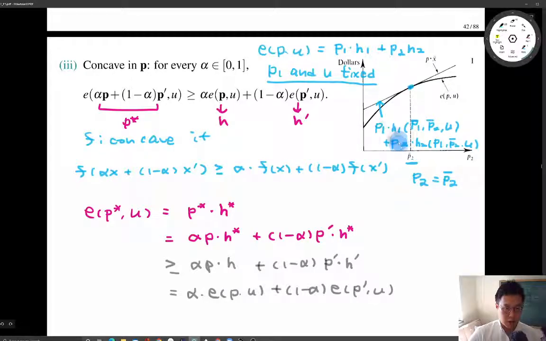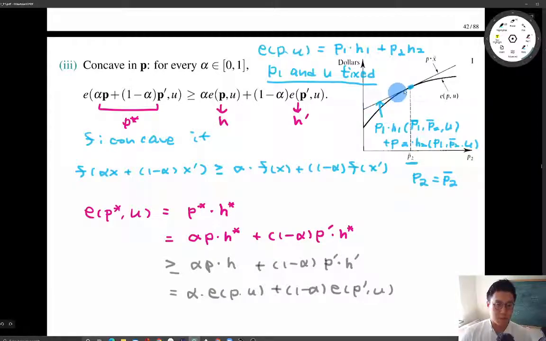We change the value of P2 only, where H1 and H2, the demand schedules, are fixed. They were the optimal, cost-minimizing demand schedules when the price vector is given by P1 and P2 bar. So a concave expenditure function means, comparing with this line segment, that when the price of a good changes from P2 bar, by adjusting H1 and H2, the consumer can effectively reduce the expenditure further.